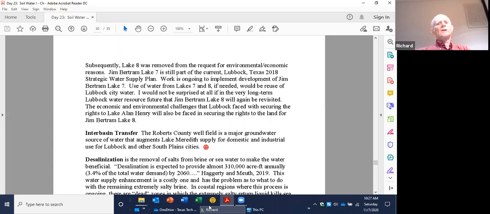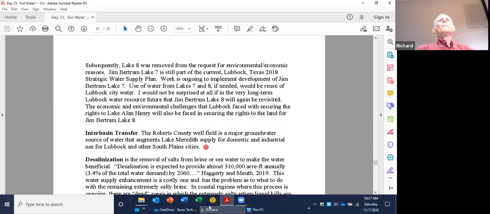Now, subsequently to 2013, Jim Burton Lake 8 was removed from the request from the city of Lubbock. But Jim Burton Lake 7 is still part of the current Lubbock, Texas 2018 Strategic Water Plan. Work is ongoing to implement development of Jim Burton Lake 7. Use for waters, lakes, and 7 and 8, if needed, would come from reuse of city water.